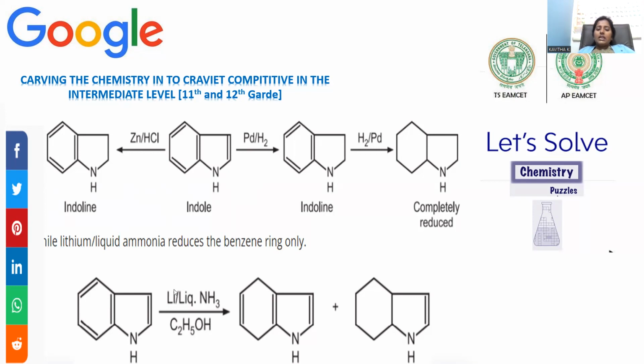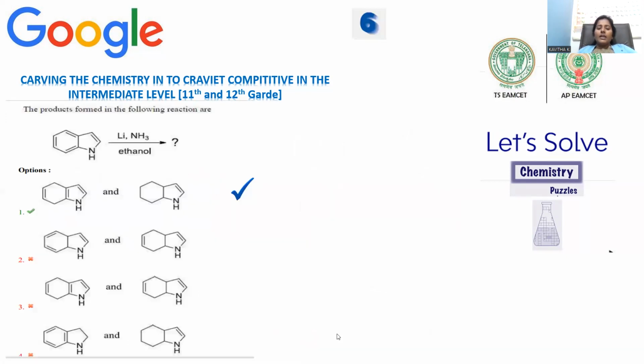After that, if you add one more molecule of lithium liquid ammonia, the entire benzene ring got reduced. The double bond in the nitrogen ring, that means the 5-membered ring, is retained. That is available in option number 1. So for question number 6, option number 1 is the correct answer.